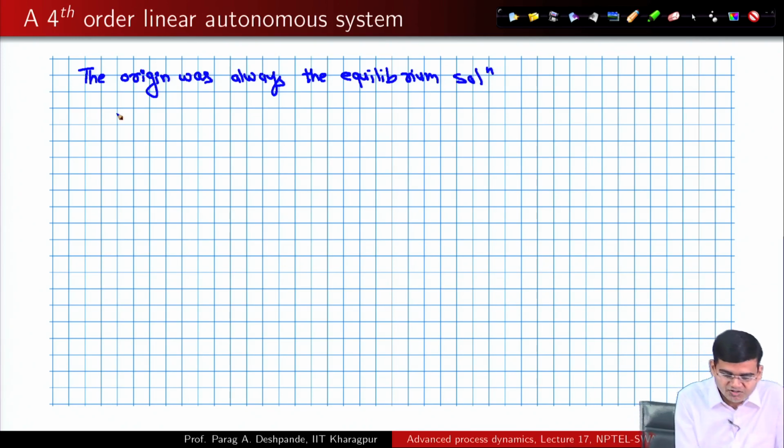When we took the example of a first order system, dx/dt equals Ax, x equilibrium was 0.